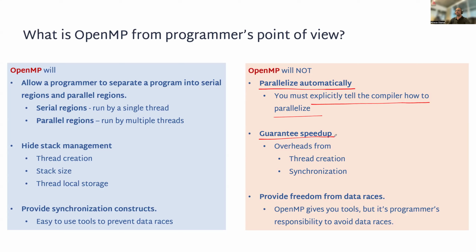It does not guarantee a speedup, which means you have to use OpenMP efficiently, because under the hood you still have synchronization for locks, for example, and thread creation overhead. So it's up to the programmer to use OpenMP efficiently. And it does not avoid data races automatically. Although it gives you tools to avoid data races, it's up to you to detect your critical sections and synchronize them.